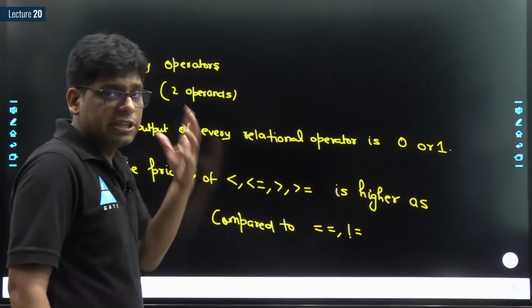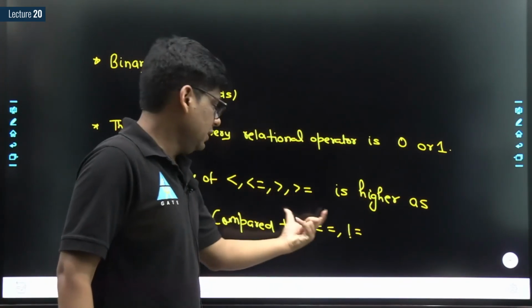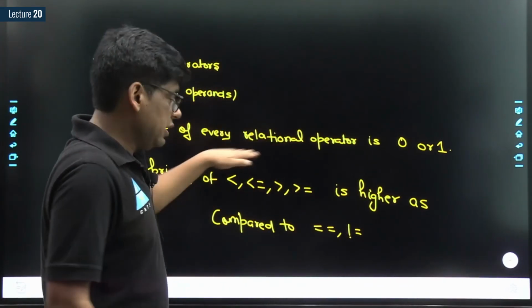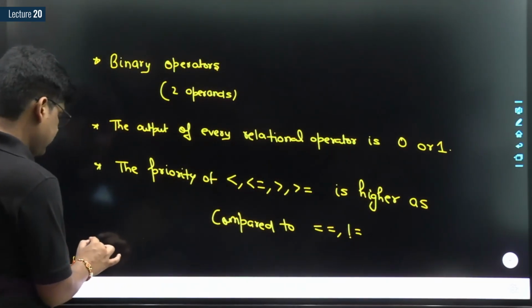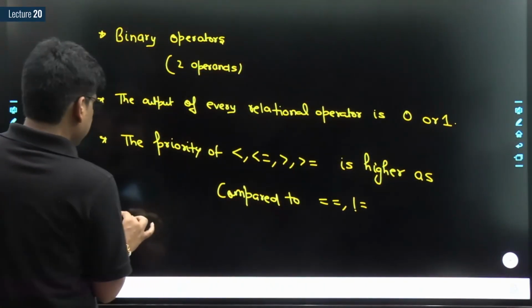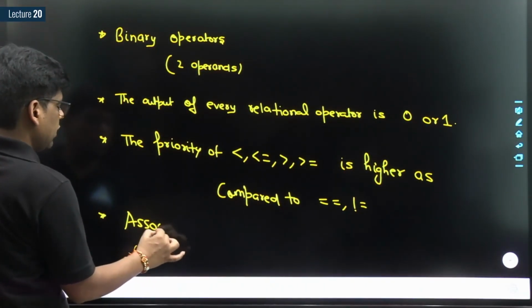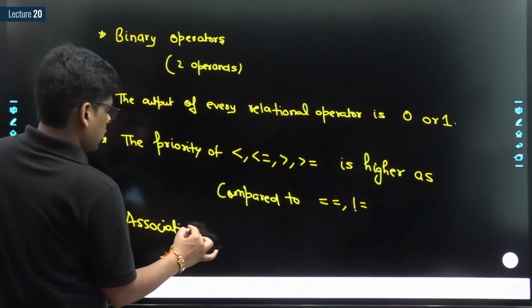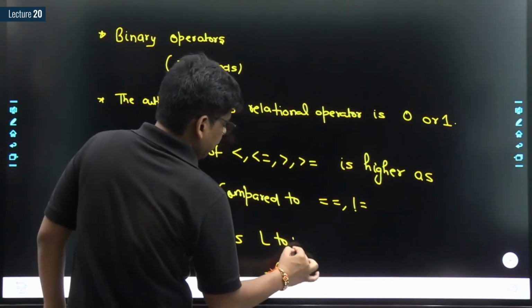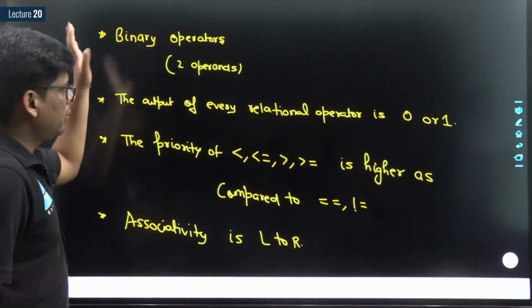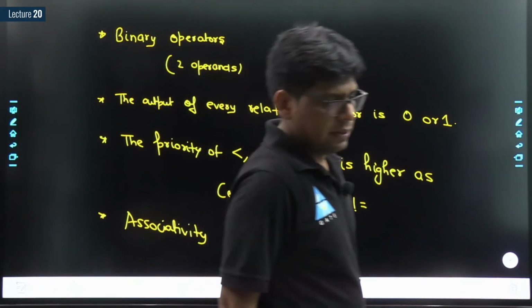That means out of 6, these 4 have the same priority, these 2 have the same priority, and these 4 are of higher priority as compared to these 2. And the associativity of all of them is from left to right. So you need to remember only this, nothing else.